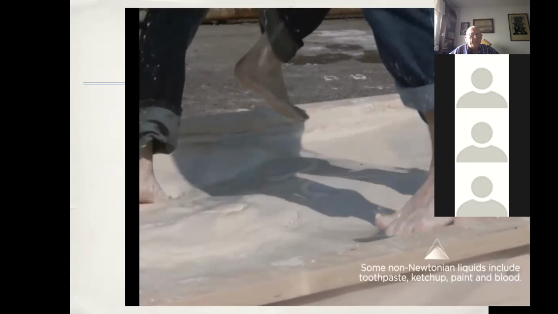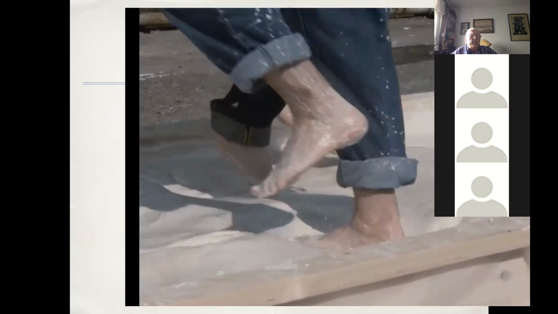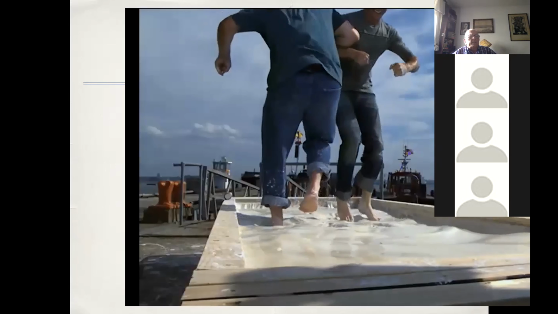So there is a liquid which has elastic properties and liquid properties depending on how fast you are exciting it.